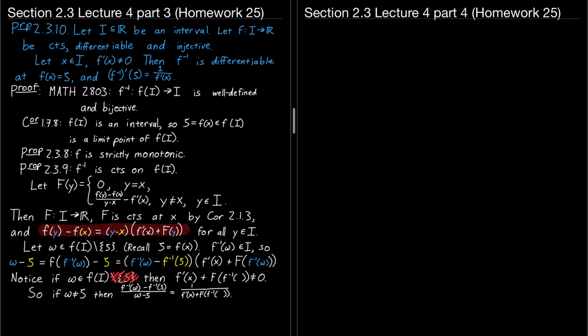And then f inverse is continuous at zeta, and big F is continuous at x, which we remember is f inverse of zeta. So big F composed with little f inverse is going to be continuous at zeta, and that's by proposition 1.7.4.